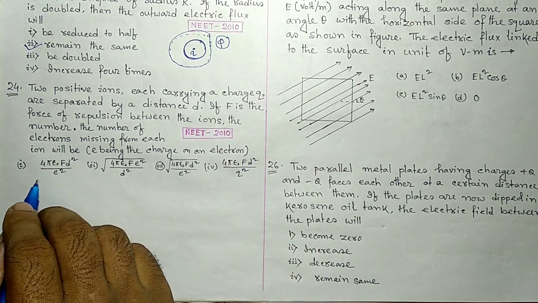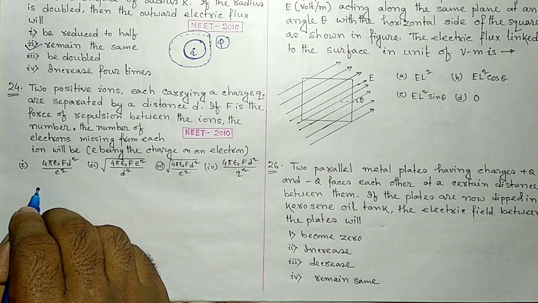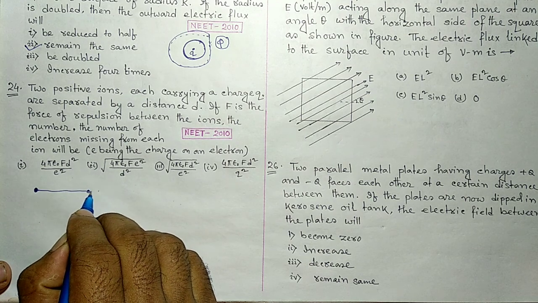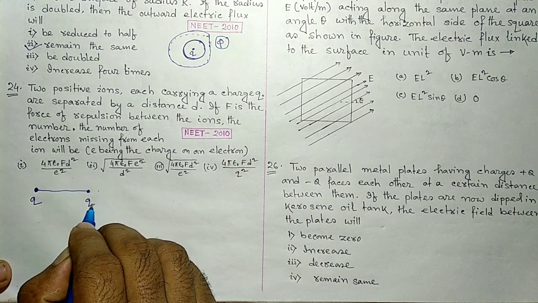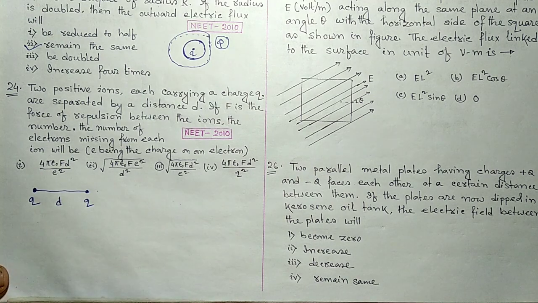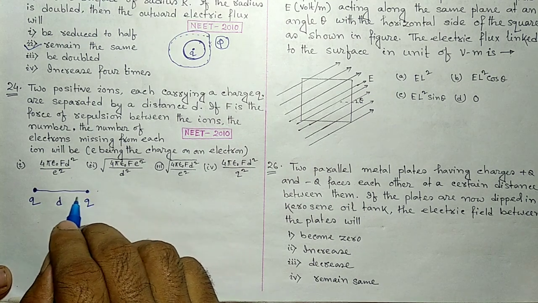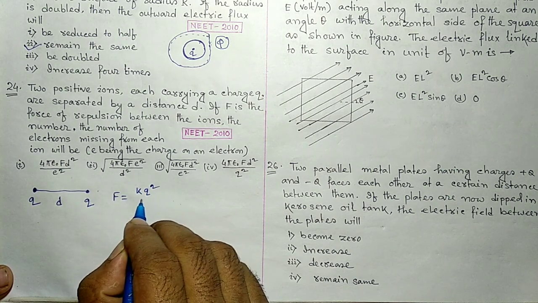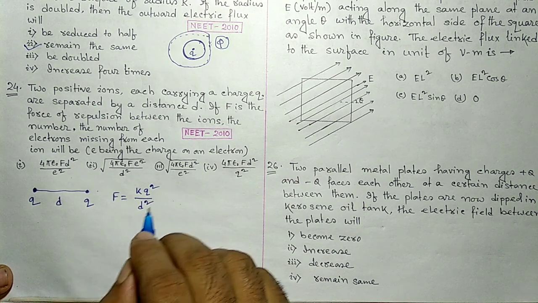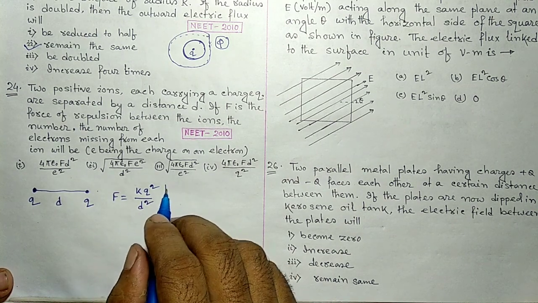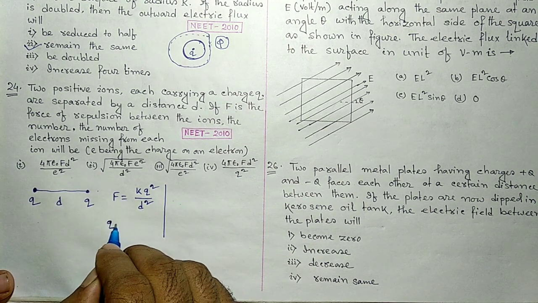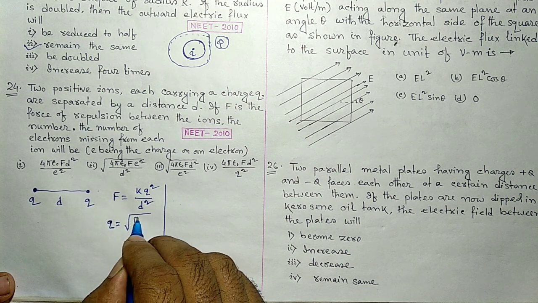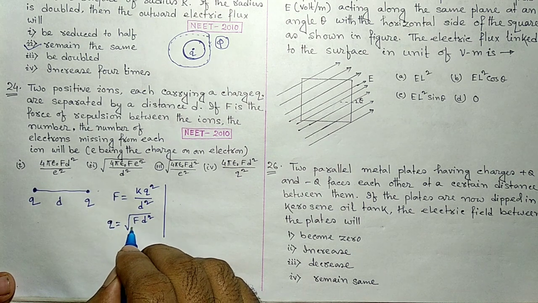So dear student, suppose here is one ion and another ion is here, the charge is q, and the distance separating them is d. Force between them will be F is equal to k q square divided by d square. Now q can be found from the equation: q is equal to root over F d square divided by k.